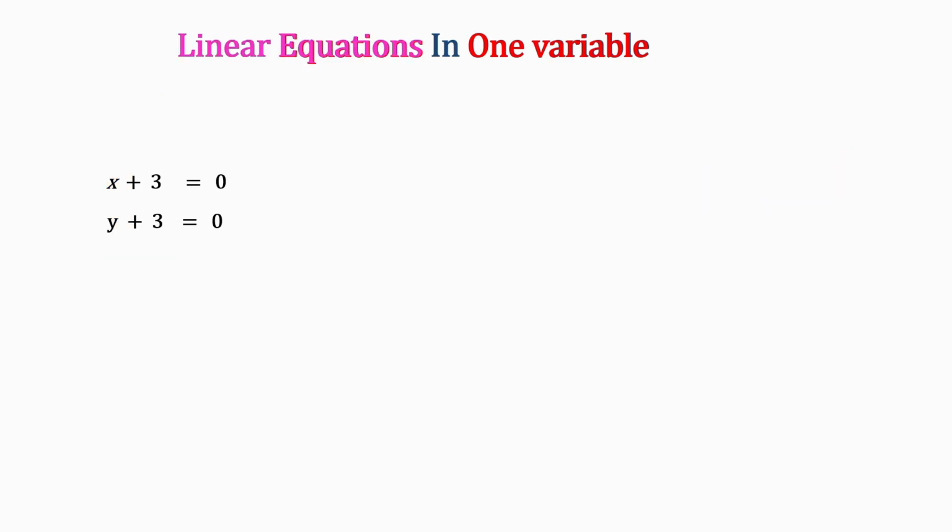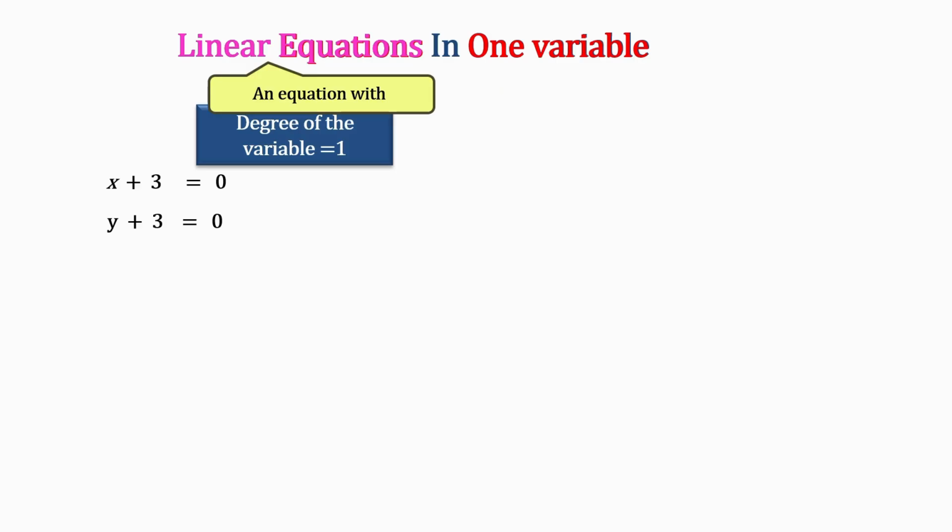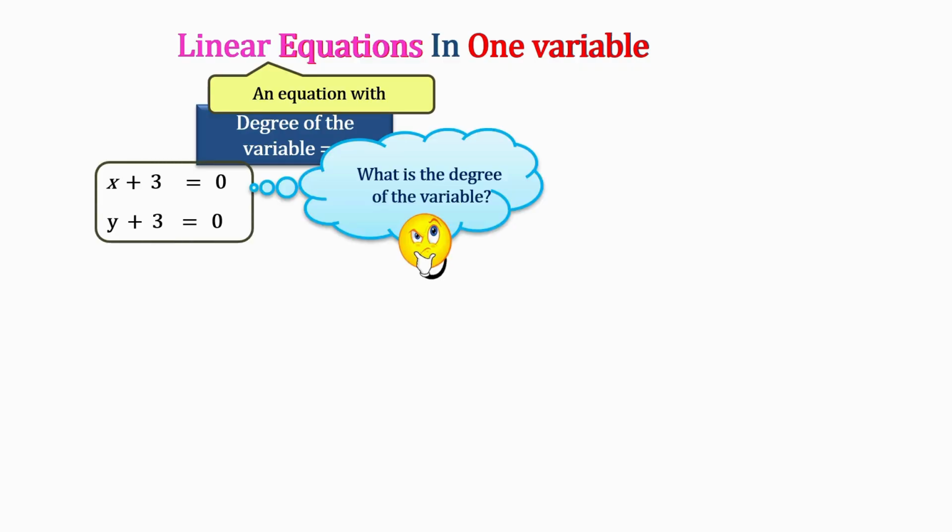Now let us talk about linear equations. An equation with the degree of the variable equal to 1 is called a linear equation. Now, what is the degree of the variable? x can be represented as x to the power 1.